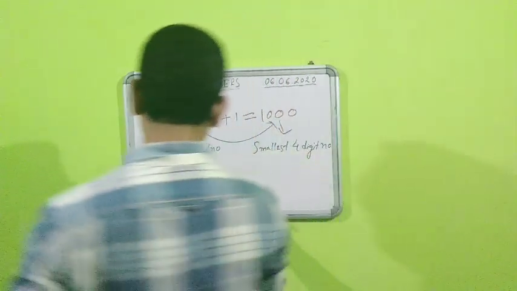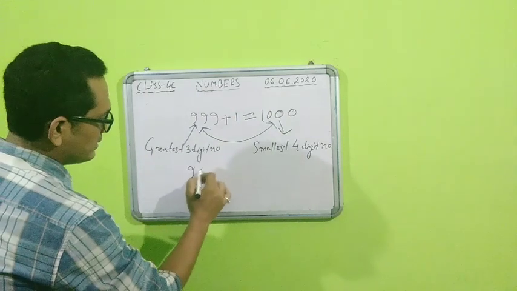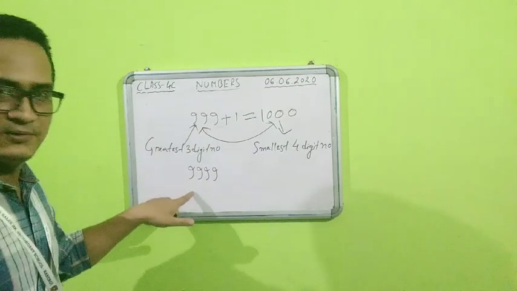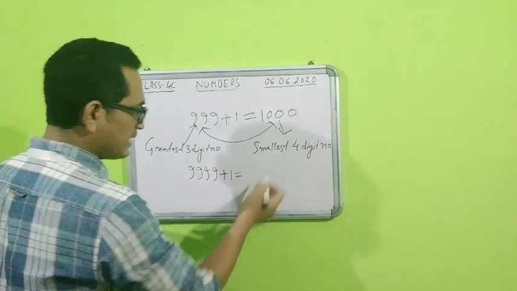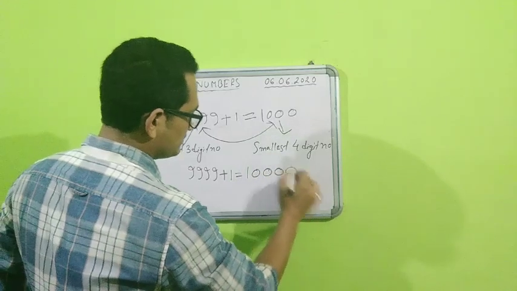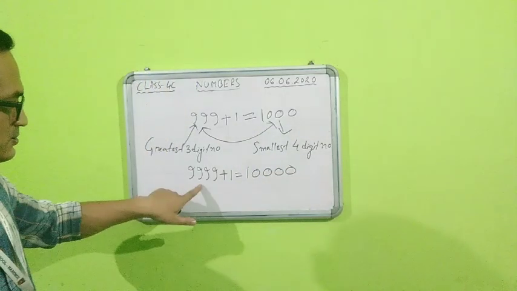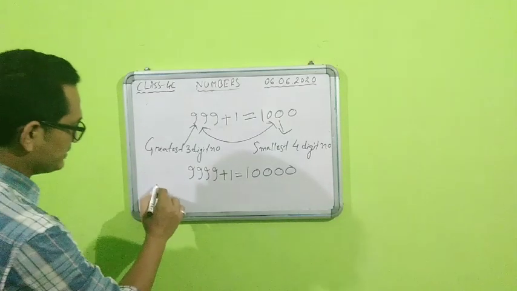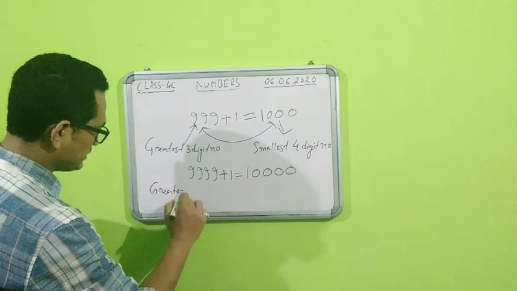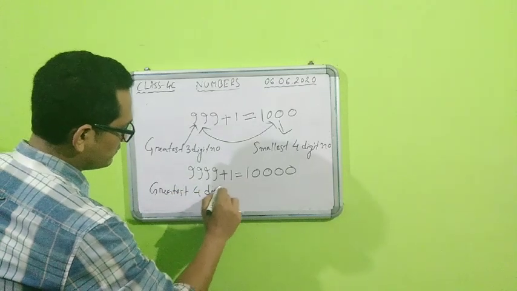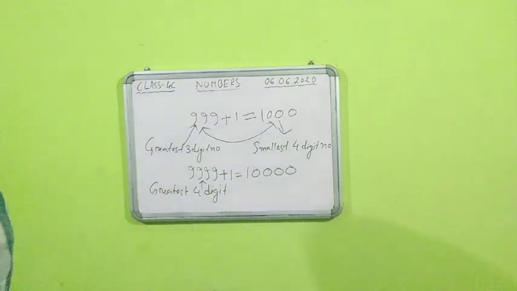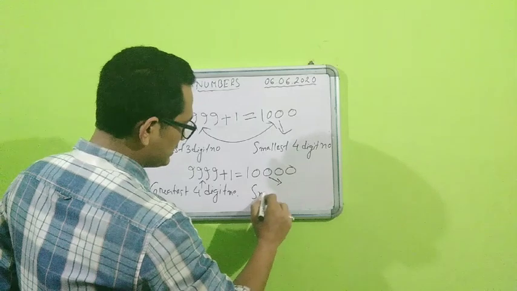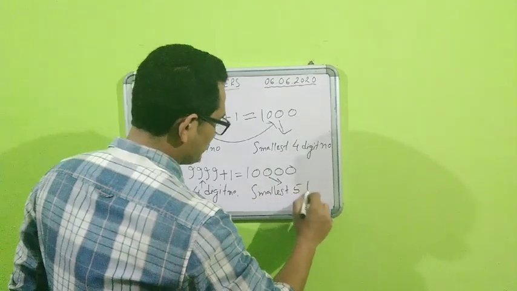Fine. Similarly, if I continue this, say I write the greatest 4-digit number. Now it was 3-digit, now I am getting the greatest 4-digit number. If I add 1 to this, what will I get? I will get this number. Isn't it? This is the greatest 4-digit number, but what result I get is the smallest 5-digit number.